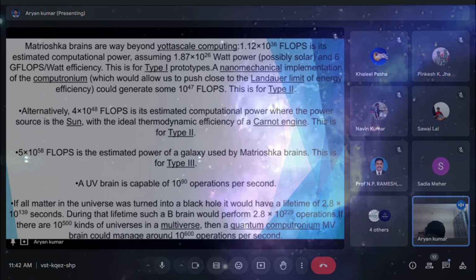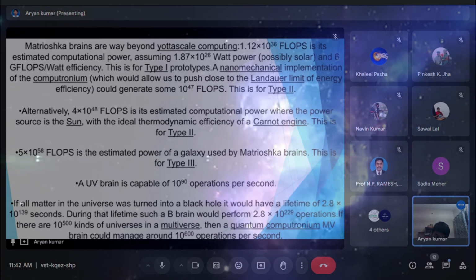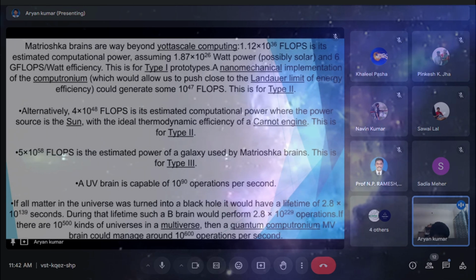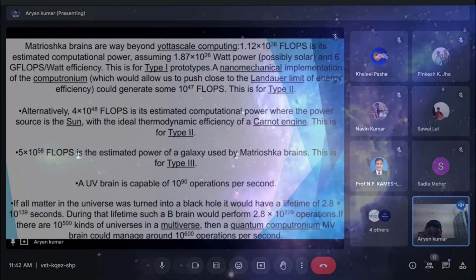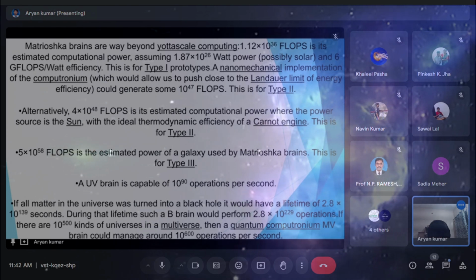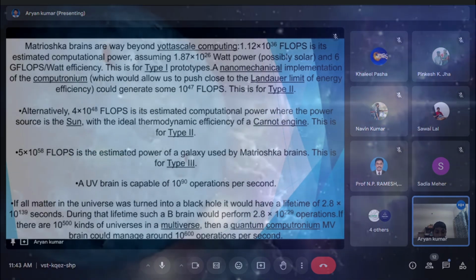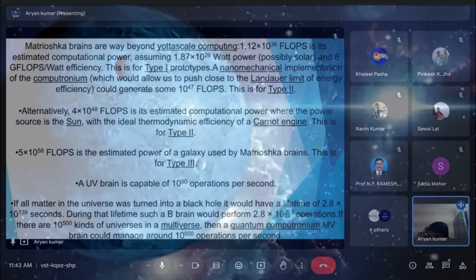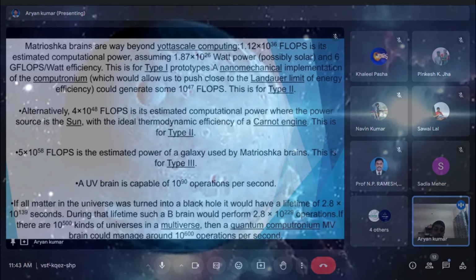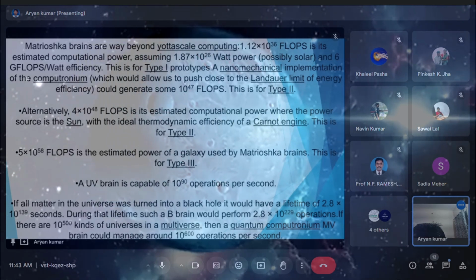We were discussing how to become a type 2 civilization. I will summarize the presentation here. We were talking about Dyson structures. A Dyson sphere is a structure that engulfs the sun, and we get that energy, but it is not very viable because any collision with the star would destroy it.